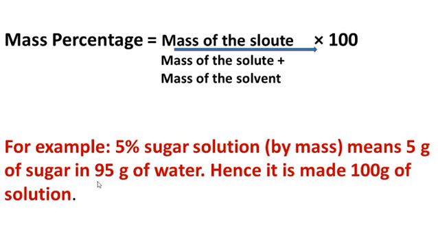For example, a 5% sugar solution by mass means 5 gram of sugar dissolved in 95 gram of water. Hence, it makes 100 gram of solution.